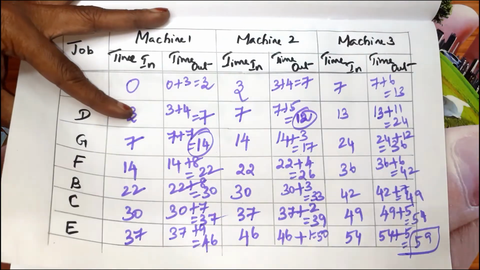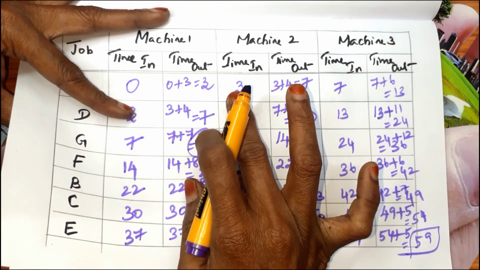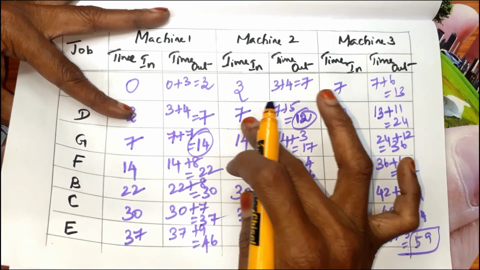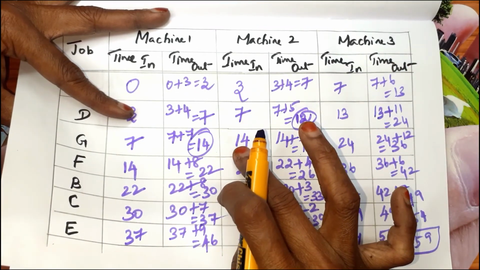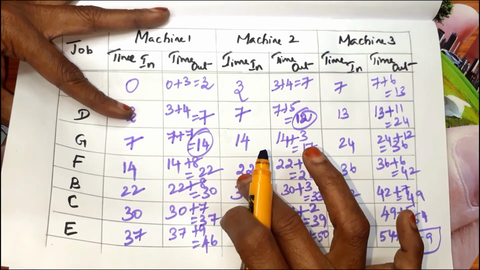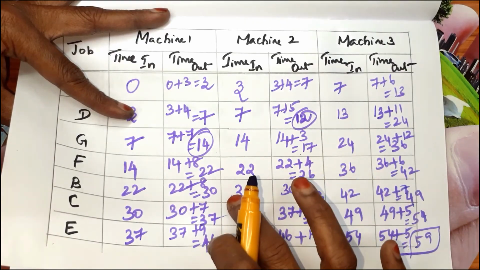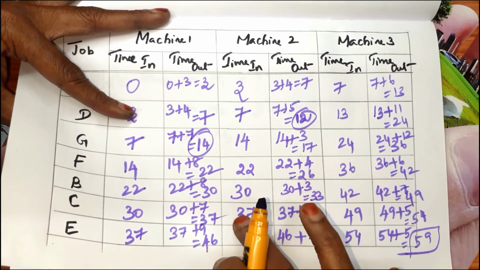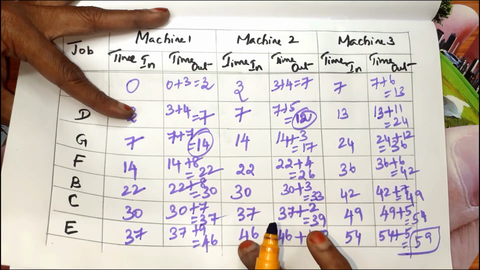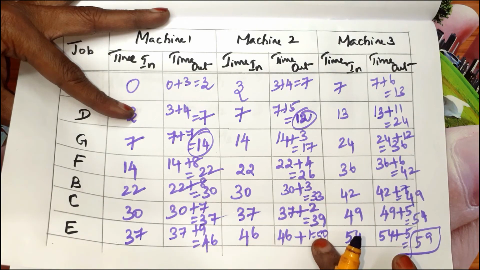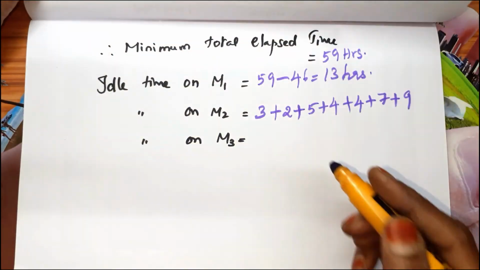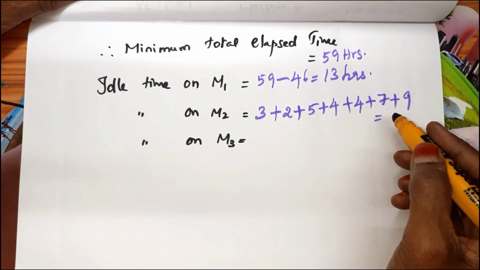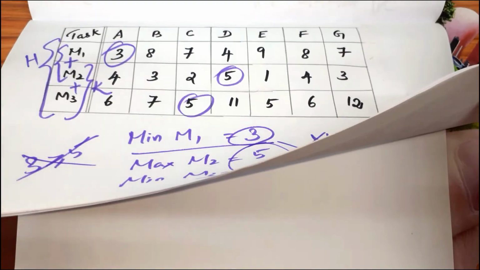I repeat, 3 hours only it is starting. So 3 and 7, 12, but it starts by 14, 2, 17, 22. So 5 hours. 26, 30, 4 hours. 33, 37, 4 hours. 39, 46, 7 hours. 50, 59, 9 hours.